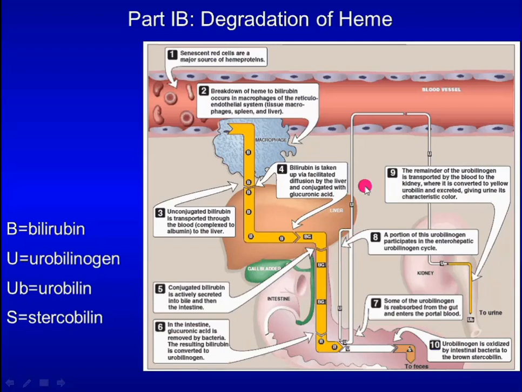The remainder of the urobilinogen is transported by the blood to the kidney, where it is converted to yellow urobilin and excreted, giving urine the yellow color. Urobilinogen is oxidized by intestinal bacteria to brown stercobilin, giving the feces a characteristic color.